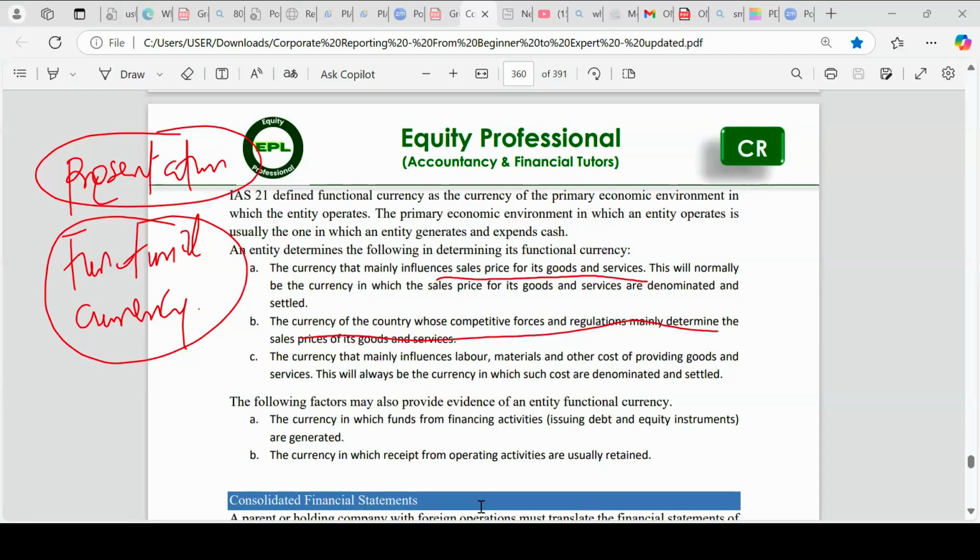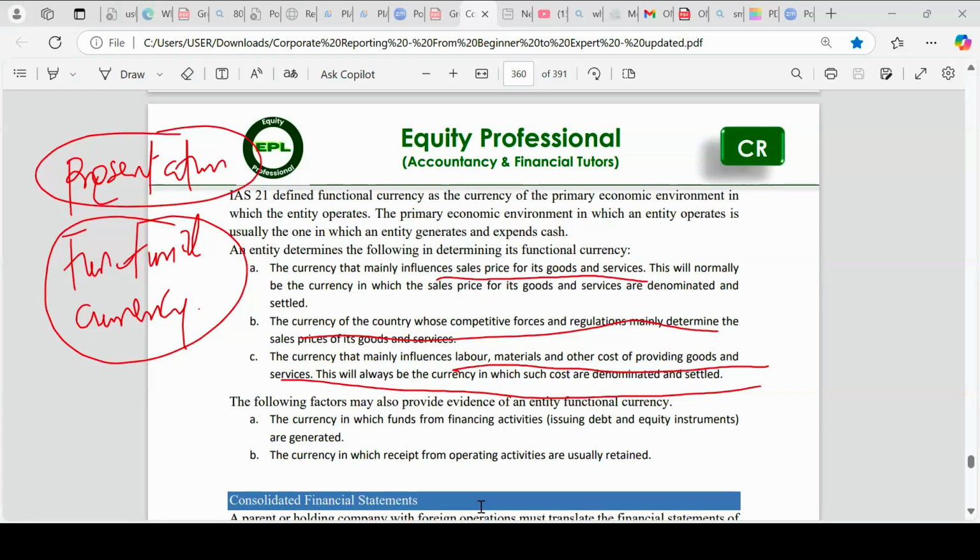Another thing that may also influence is the salaries you're paying, the materials you are using, which currency are they invoiced to you, and which currency do you use in settling them. So all of these things. It's really about, if it's not the currency of the primary economic environment, then we tend to look at these factors.